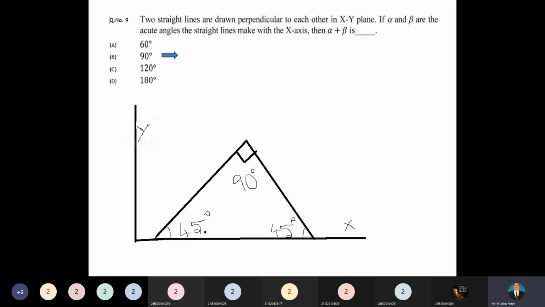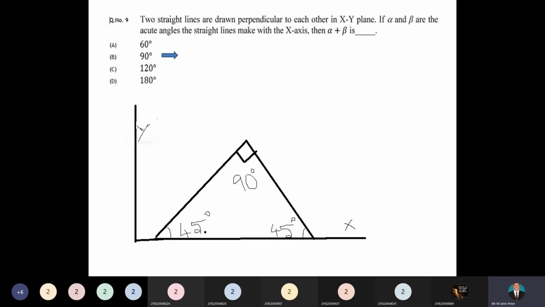When you add up those two angles, surely you get 90 degrees. Here it is asked alpha plus beta. One possibility is 45-45, otherwise 60-30 also included. Okay, acute angles. So when you add up alpha and beta, the correct answer is 90.